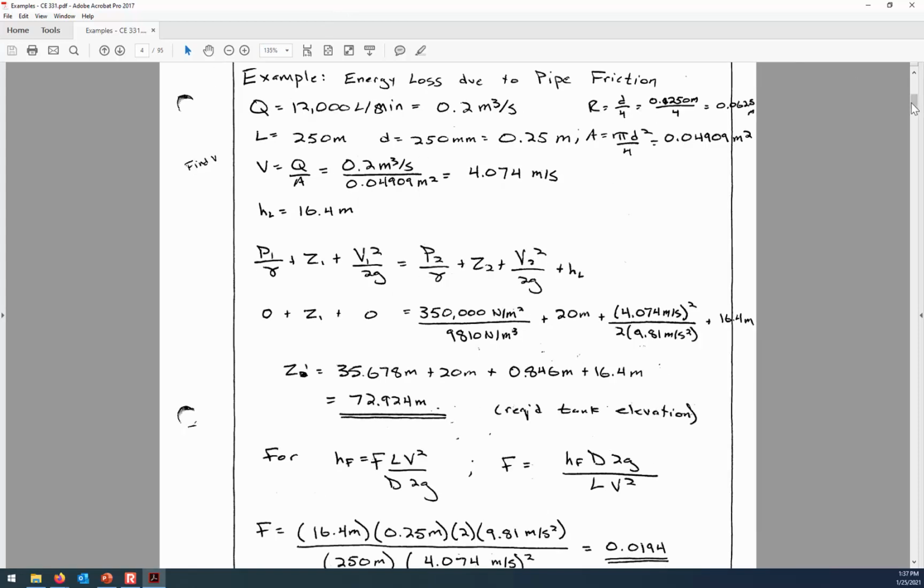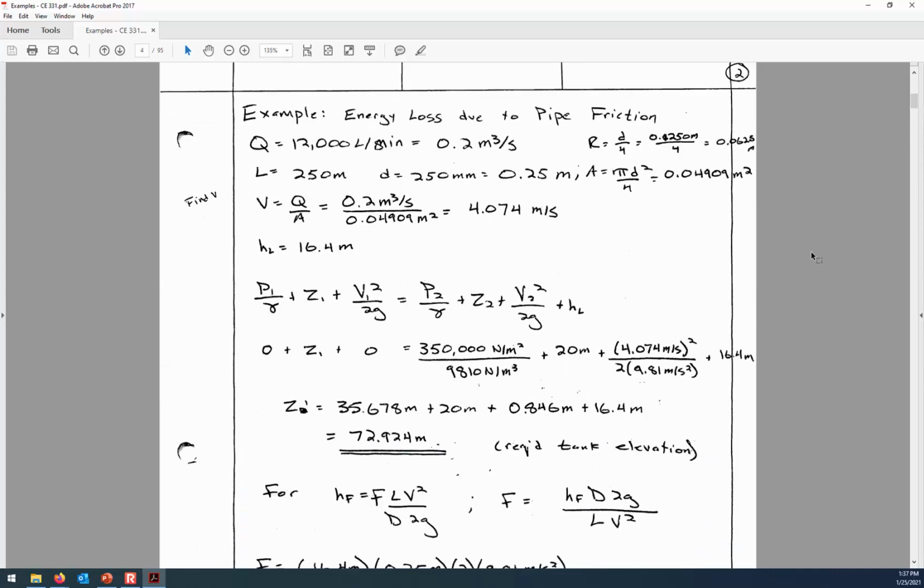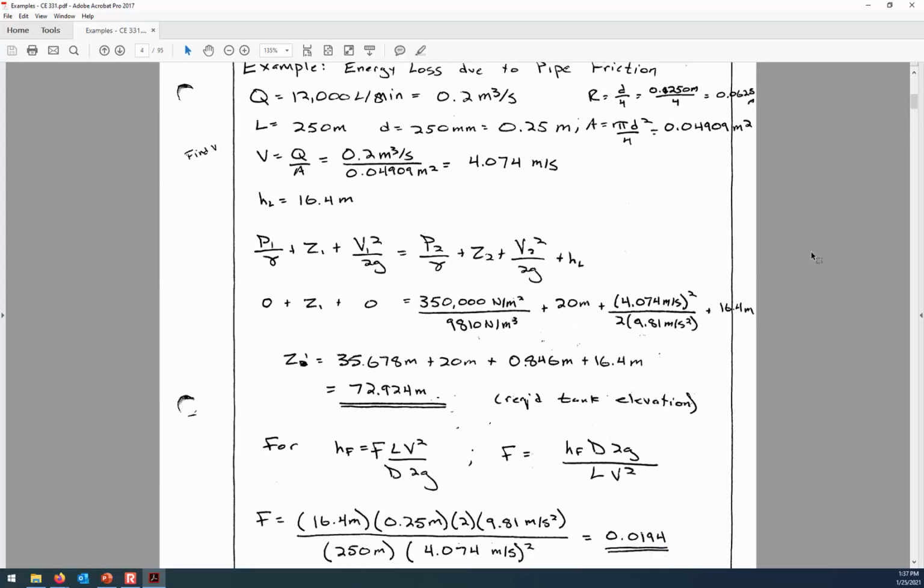All right, so if you want to check what you've done so far, I have the elevation of the tank calculations and also the friction loss calculations up on the screen right now. I'll leave them up for a few minutes here.